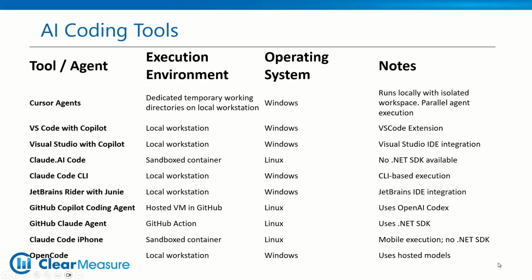Okay. Also, you want to make sure you know where it's running. Now, Cursor Agents run on the local workstation. Now, there is a hosted Cursor option where you can run it on Cursor VMs. That's going to run on Linux, just like Copilot Coding Agent, and that's available to you.